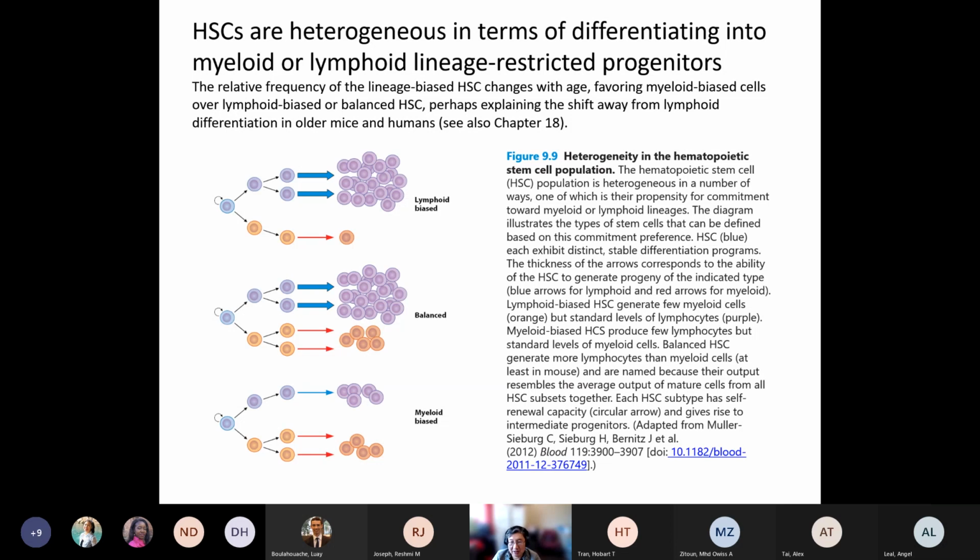That is kind of surprising, because we feel like if they are long-term hematopoietic stem cells, they shouldn't have any bias. Later on, when they become progenitors, they should start to take bias toward different lineages. But she showed that the cells actually have a bias from the very beginning.